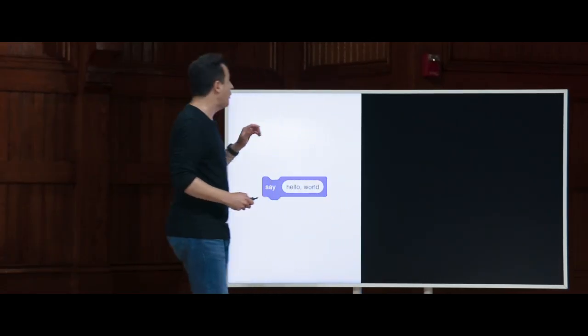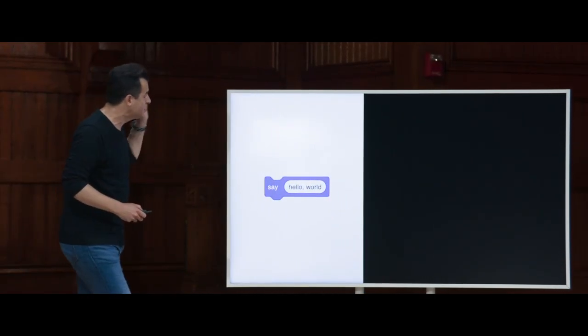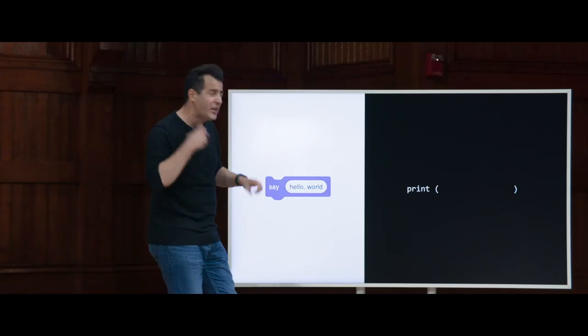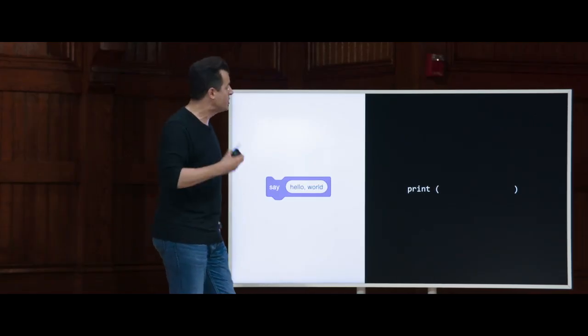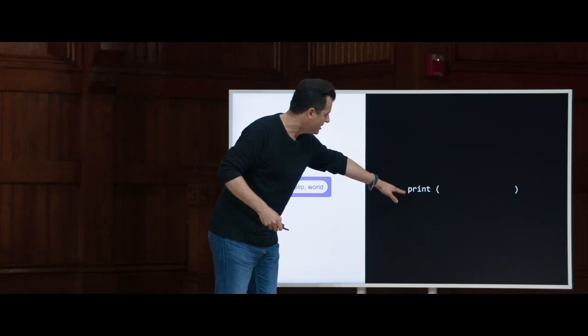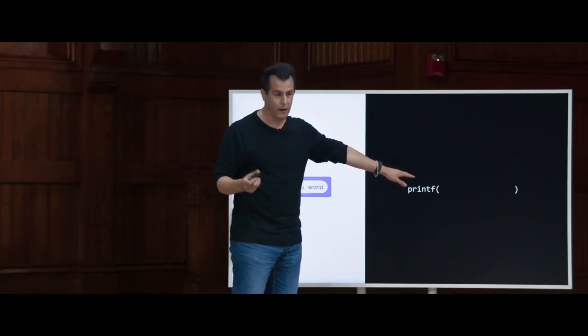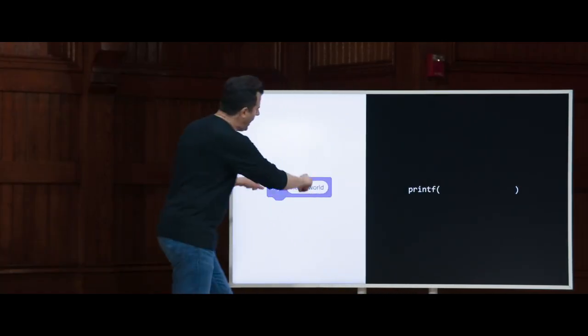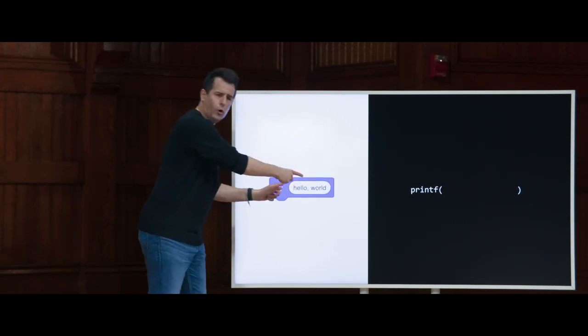Well, how do we compare these things left to right? Here's the say block at left. Let's compare now to the C code at right. Notice a couple of things to adapt from Scratch to C. Print is almost the name of the function. It is technically printf, for reasons we'll eventually see. Notice the parentheses in C are kind of evocative of the oval in Scratch.